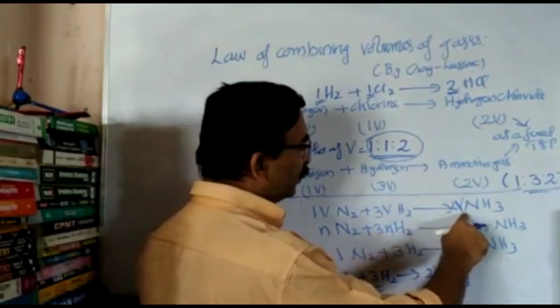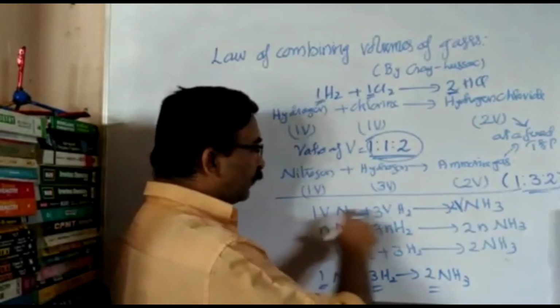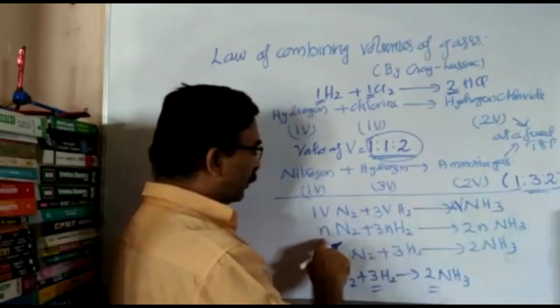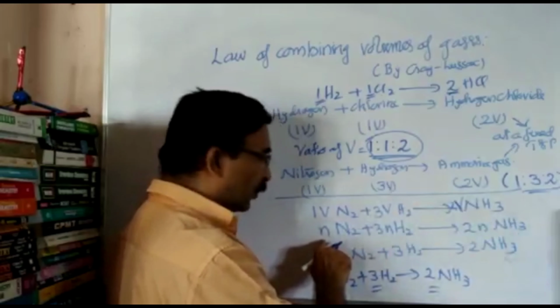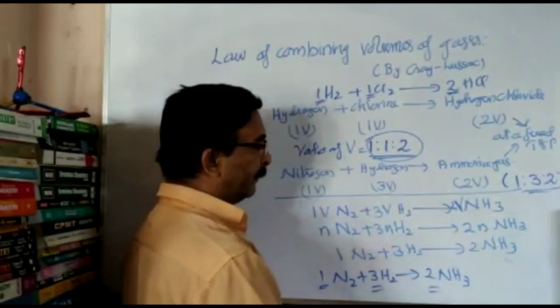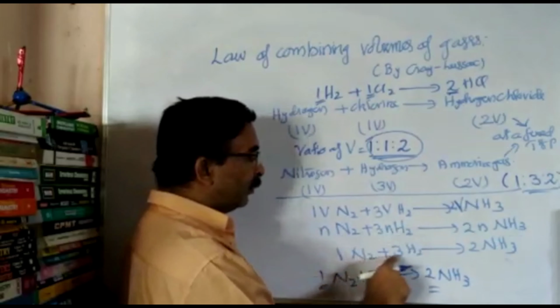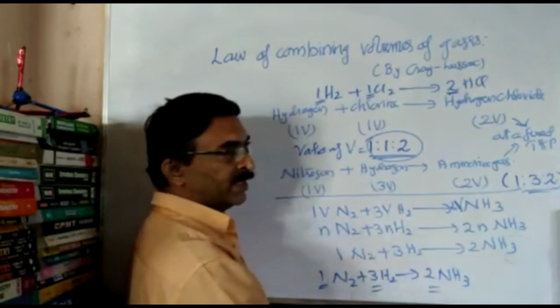In the place of 2V, we can write 2n molecules. With respect to number of molecules or number of moles, both are correct. It is nN2 plus 3nH2 giving 2nNH3. n is a common coefficient there. You can cancel that. So what comes? 1N2 plus 3H2 giving 2NH3.